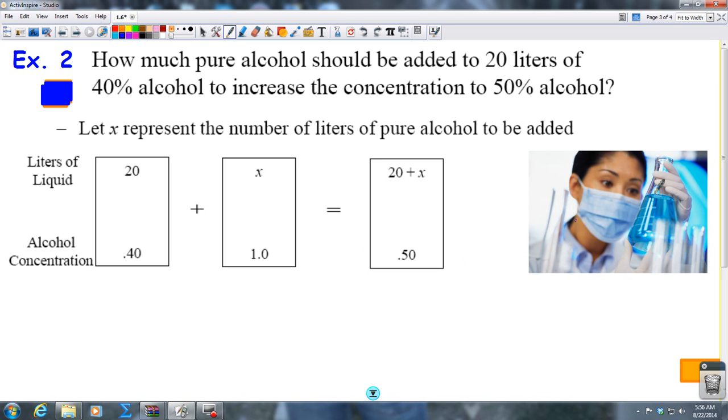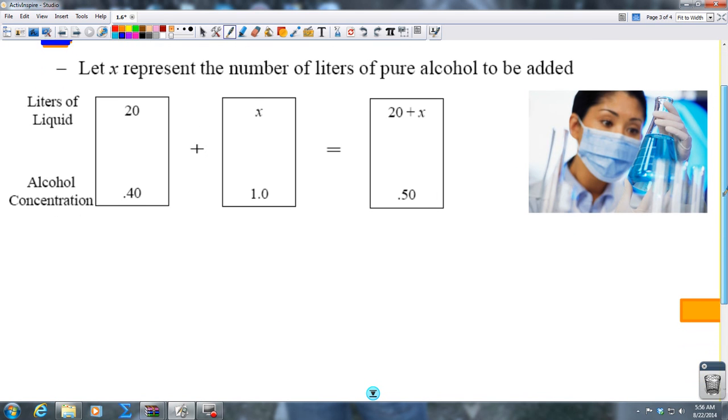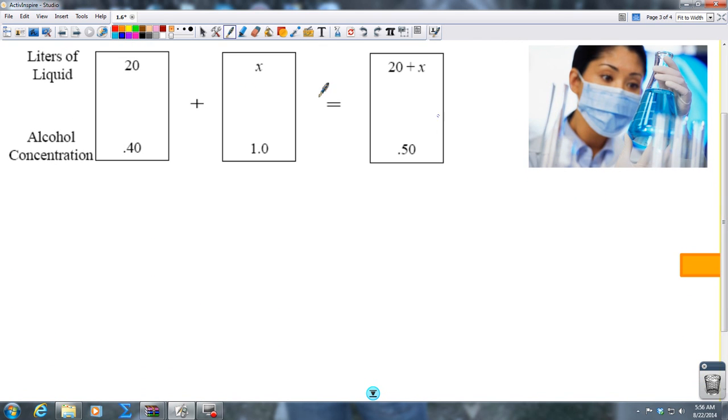And we're going to go ahead and write our equation now. Okay, we did the hard part. The hard part of this is completed. What we're going to do is take this information and write our equation. We know that to use percents to figure out how much of this is alcohol, there's 20 liters, 40% of it. To figure out how much alcohol there is, we're going to multiply. We have 0.40 times 20 plus 1 times X, which is 1X, or you can just say X if you want.